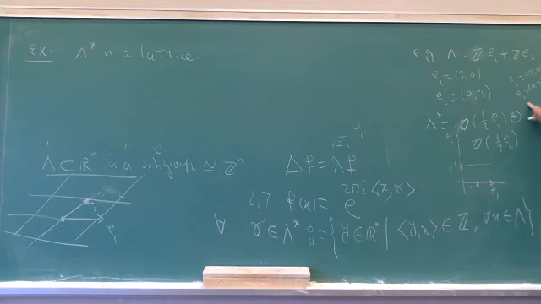So you say the dual lattice is spanned by (1, 0) and (0, 1). I think it should be (1/2, 0) and (0, 1/3), because (1/2, 0) in a product with any integer times (2, 0) will give you an integer. I'm making an obvious mistake here, I guess.